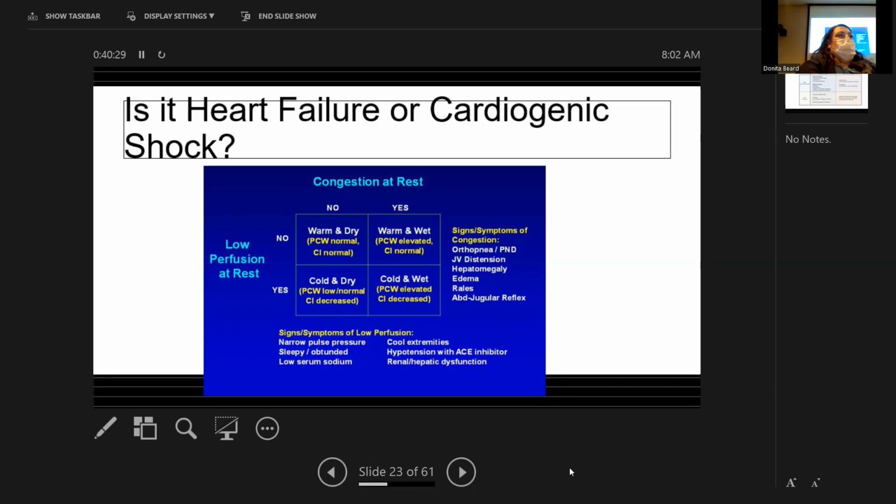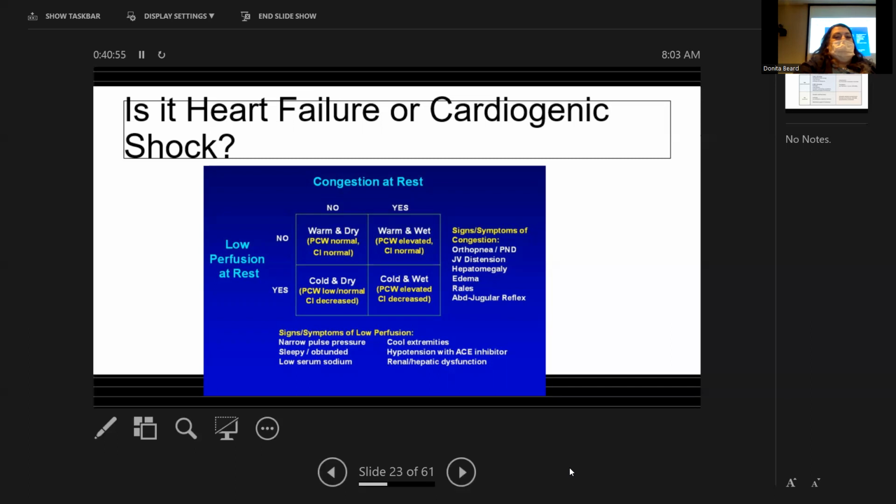LVEDP and wedge should be the same as long as there's no mitral valve disease. When their pressures are elevated, you usually have to diurese them, but most of them are warm. Rarely are they truly warm and dry, maybe a circumflex STEMI that came in early, got revascularized, and did fine.